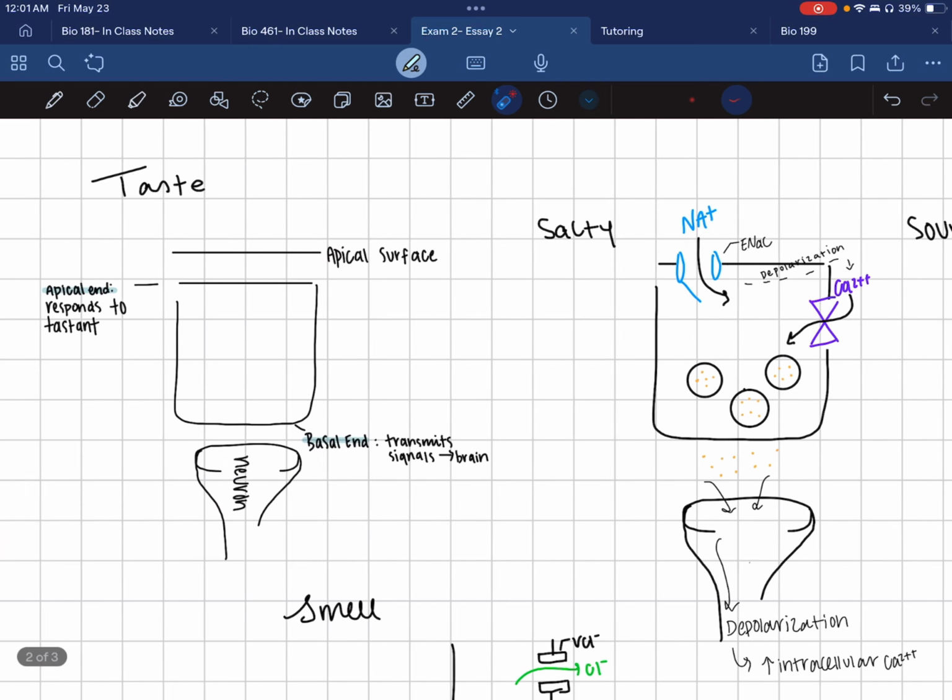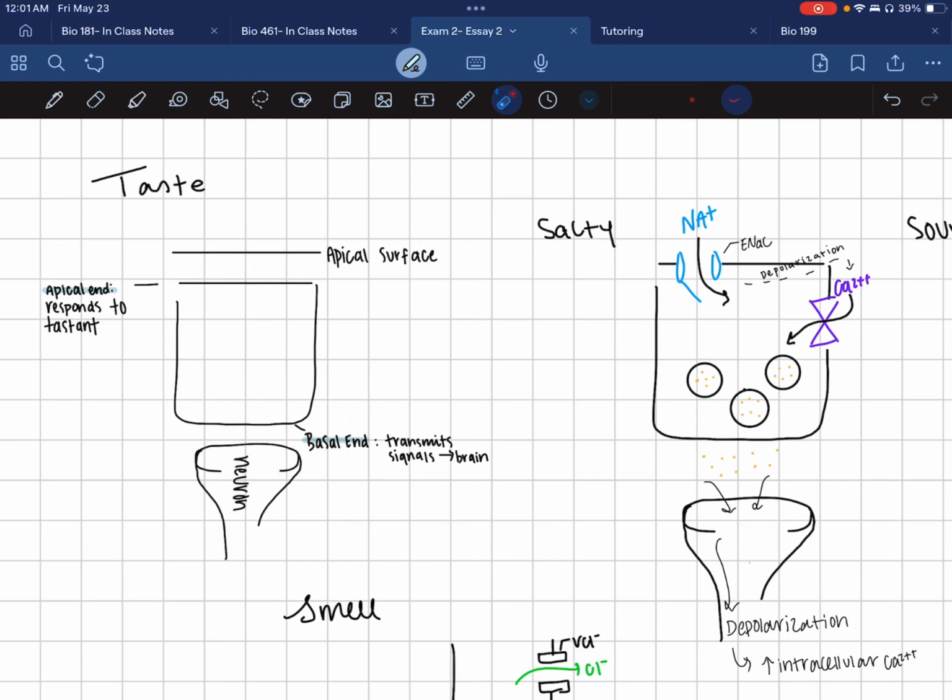So this right here is going to be our apical surface where the tastant is dissolved. This is our apical end where it responds to the tastant being dissolved. And then this is our basal end, which connects to our neuron, and the basal end transmits signals to the brain.